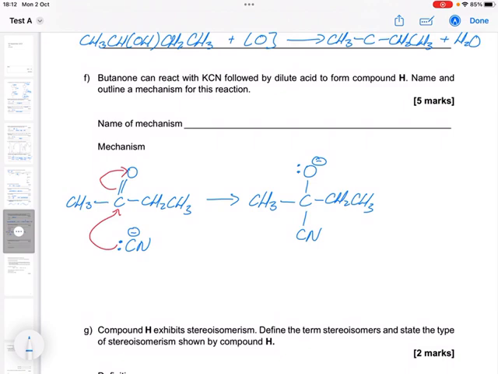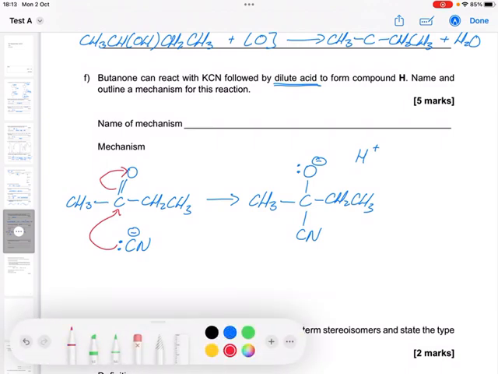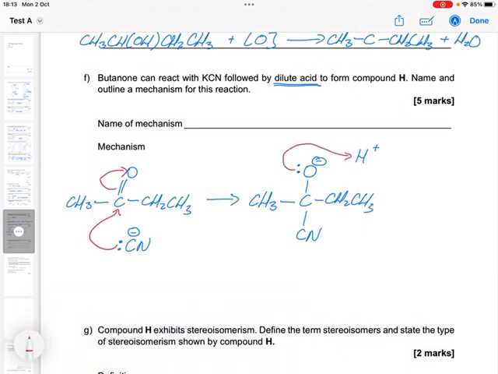And then the clue here is followed by dilute acid. This is where a lot of people get it wrong. So they'll put water in where the clue is in the conditions, which is why it's important to learn these. So the curly arrow then is going from the lone pair on the oxygen to the hydrogen ion here. And that gives us our final product.